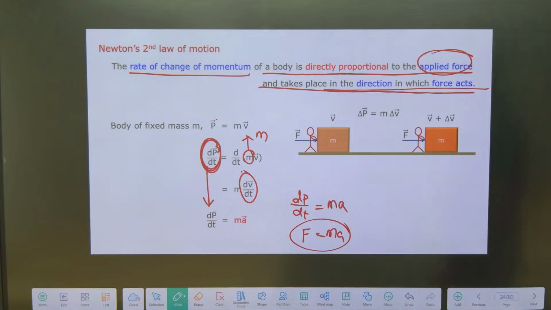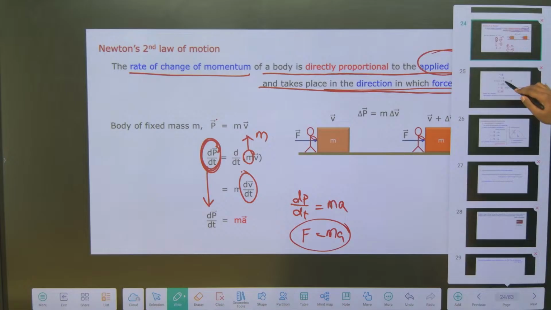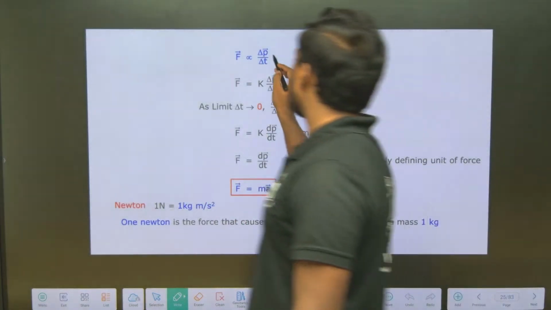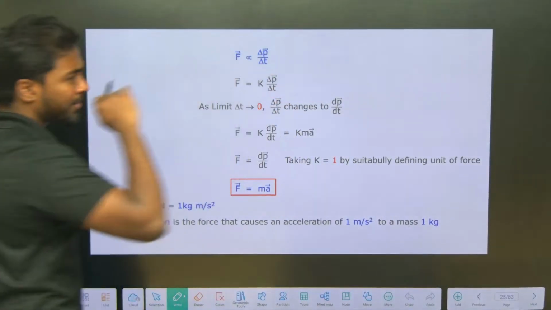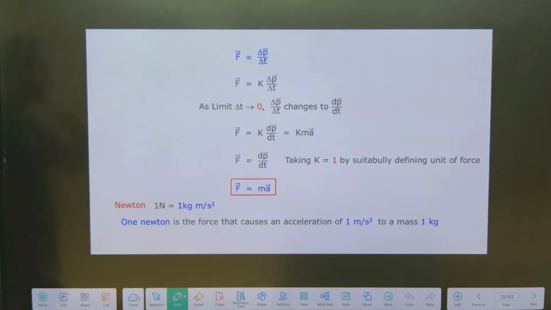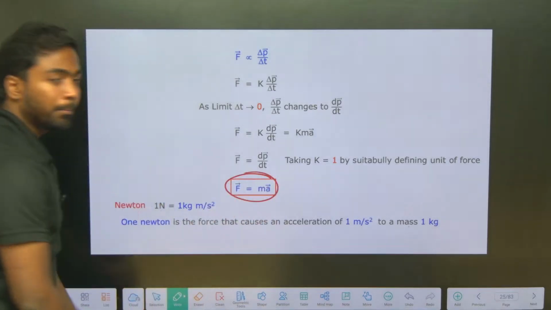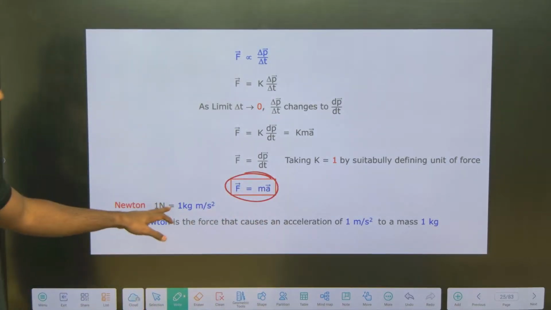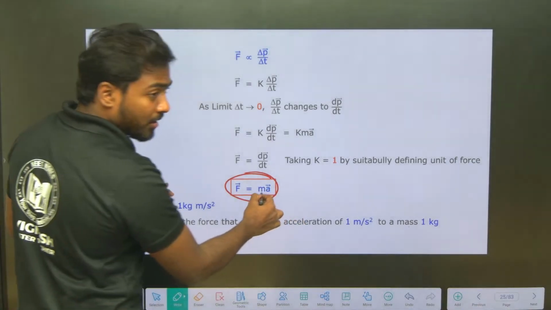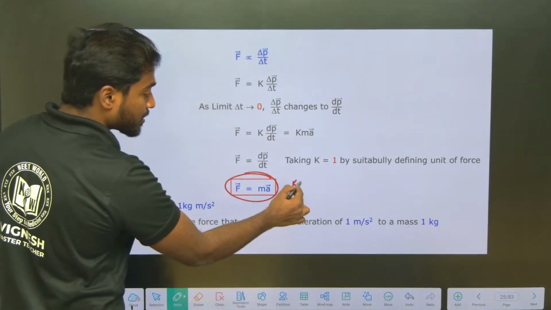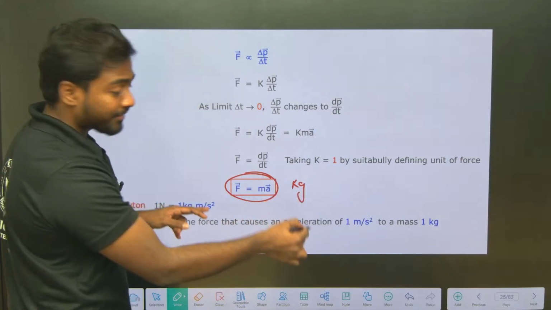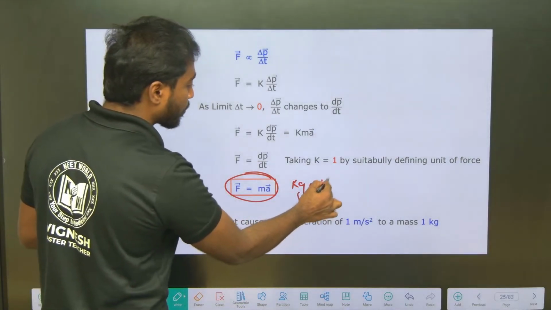Done? Clear? Okay. So F is directly proportional to delta P by delta T. By derivation, we got the formula F is equal to ma. What is the SI unit of mass? kg. SI unit of acceleration is meter per second square.